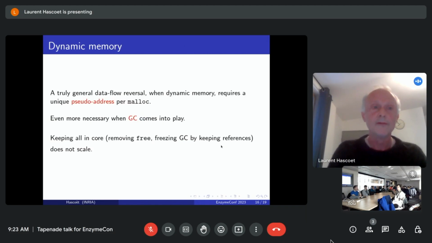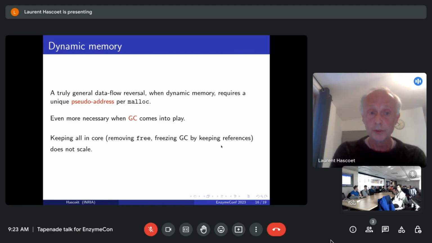So there is this question of dynamic memory. If you use dynamic memory, things become complicated because if you free some memory, then during the gradient, you need to reallocate it and the address will not be the same. So every pointer that you have stored becomes meaningless. That's even worse when you have garbage collection in the application language.